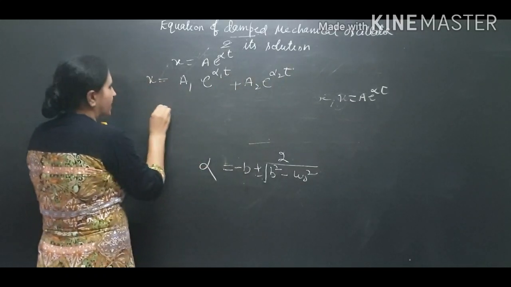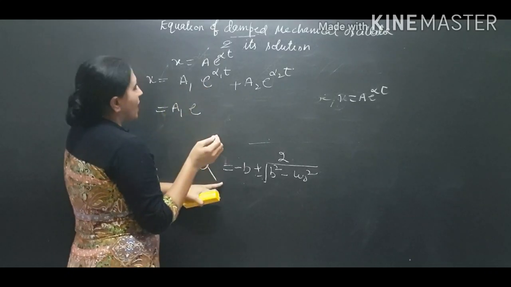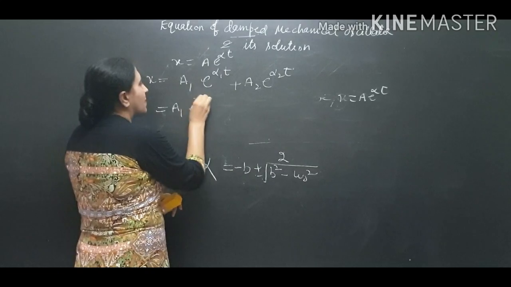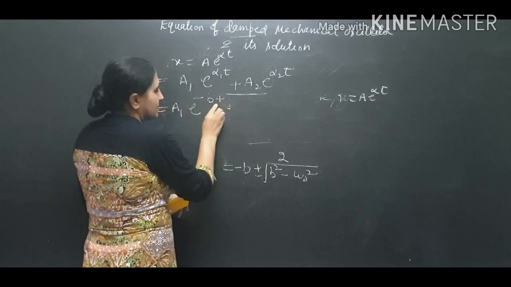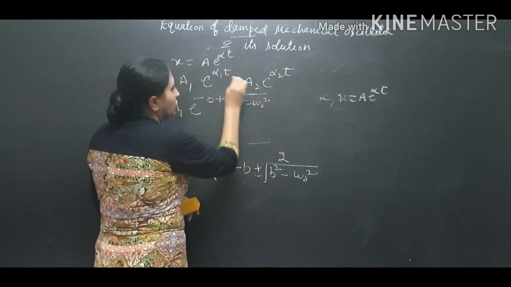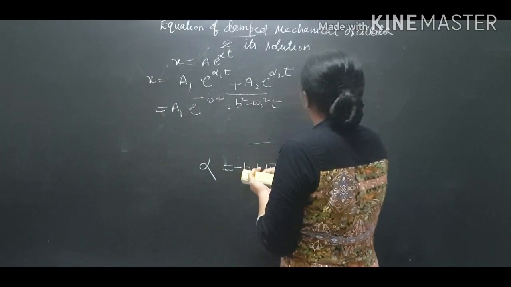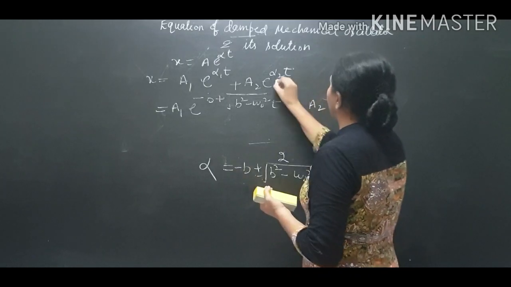So put the values. a1 e raised to power alpha 1 t, where alpha 1 t means e raised to power of minus b plus the square root of b square minus omega naught square, into t. Plus a2 e raised to power alpha 2 t.